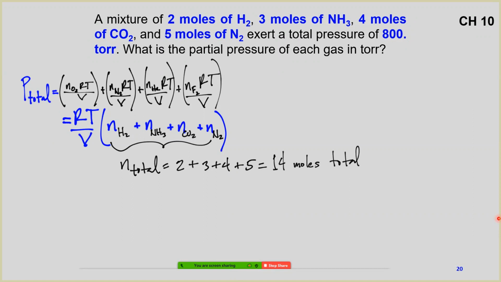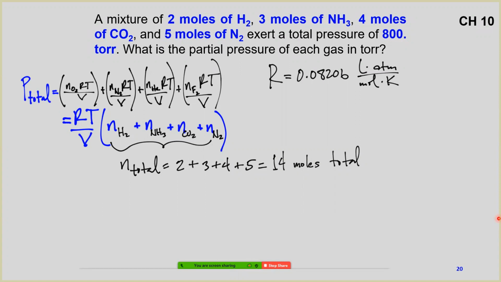We know what R is: 0.08206 liters atmosphere divided by mole K. We also know what the temperature is. Actually, we don't. Okay.